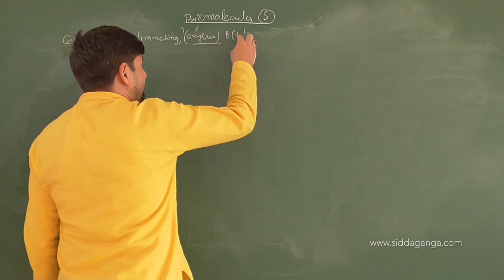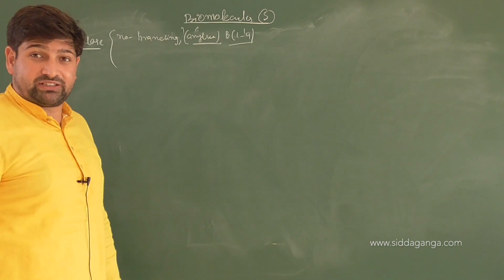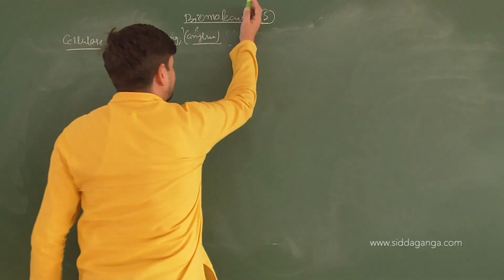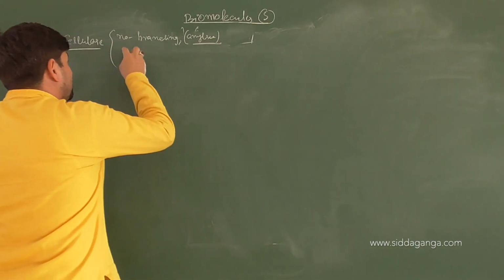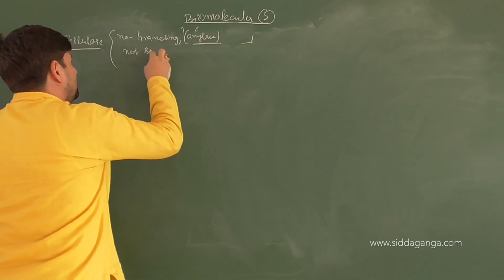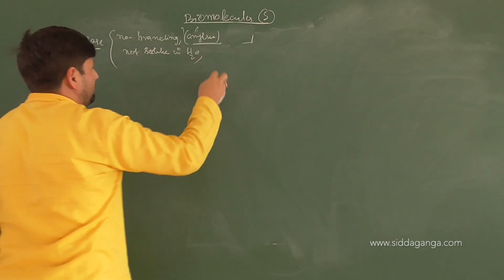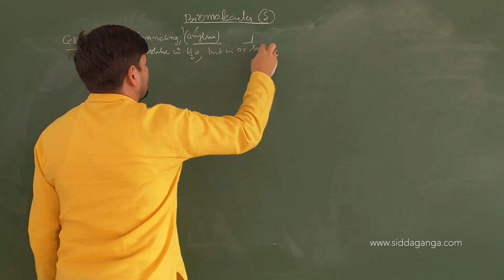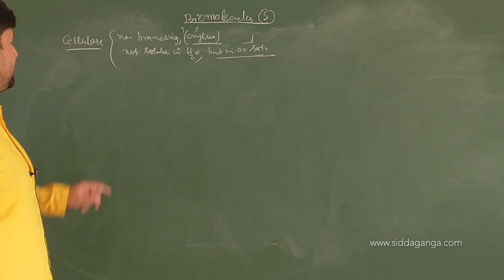It is a beta 1,4 link. Sorry, I'll write it later. No branching. Not soluble in water, but soluble in organic solvents. Now that can be understood.